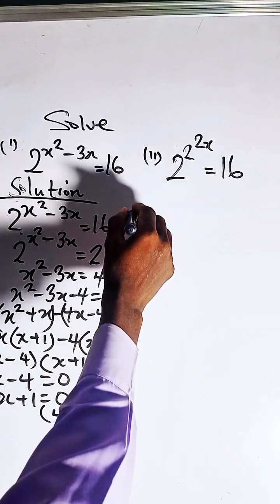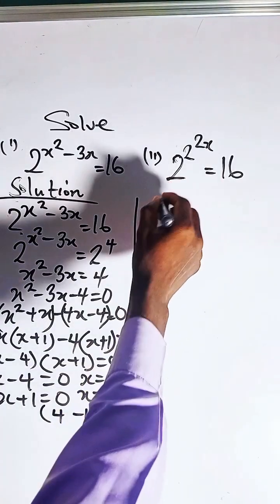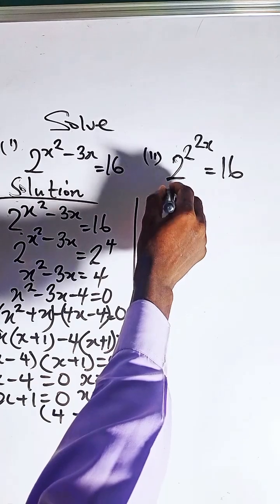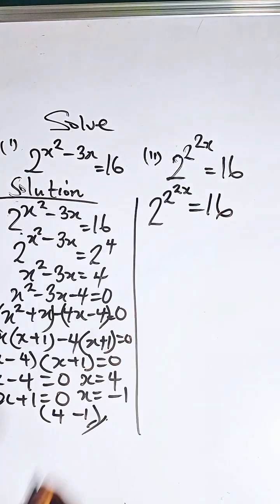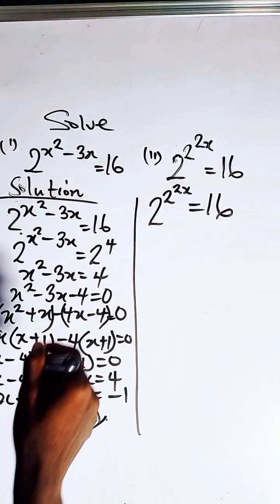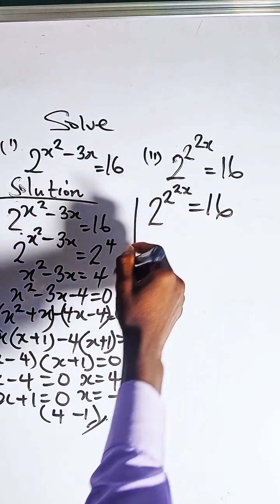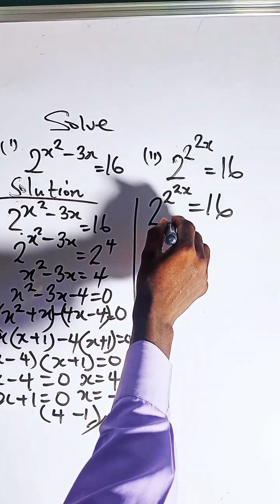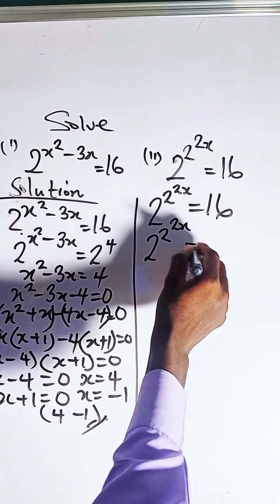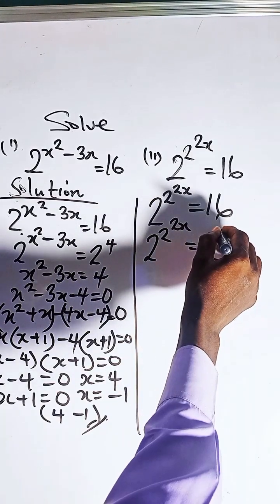For the second equation, we have 2 raised to power 2 raised to power 2x equals 16. When we look at this, we can write 16 in base 2. So we have 2 raised to power 2 raised to power 2x equals 2 raised to power 4.